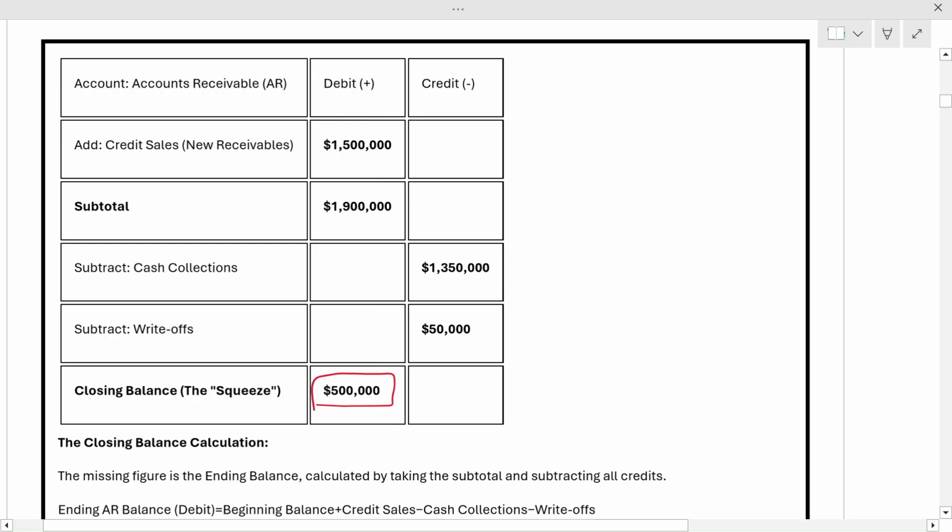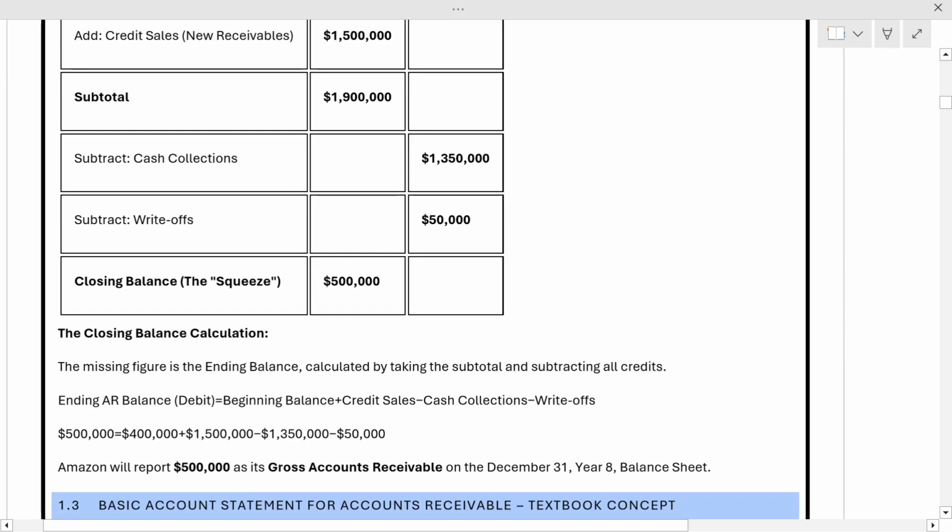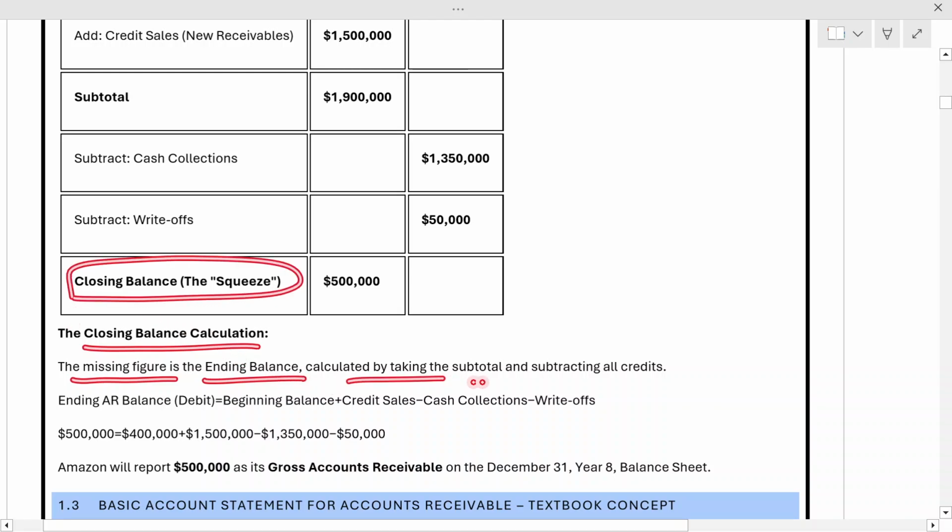I earlier thought this calculation was wrong, but it is right, and it gives $500,000. This balance is the total closing balance, which we still need to receive from our customers. The ending balance is the closing balance calculated by taking the subtotal and subtracting all credits.